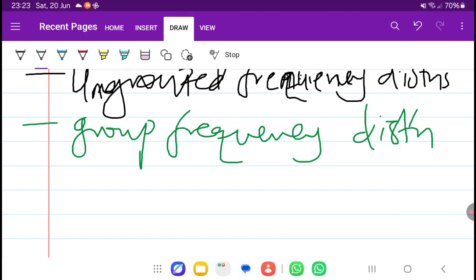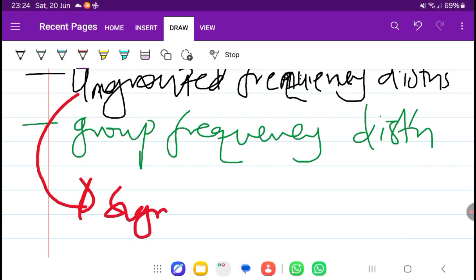The ungrouped frequency distribution is mostly used for grouping quantitative data. Each class is represented by a single possible value.